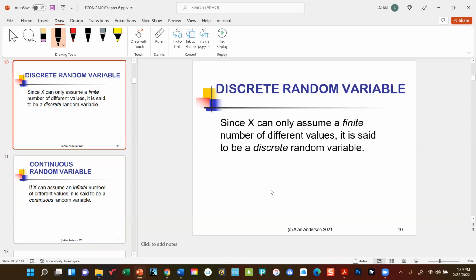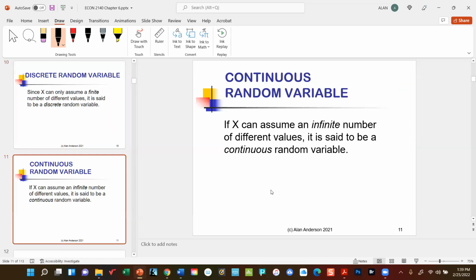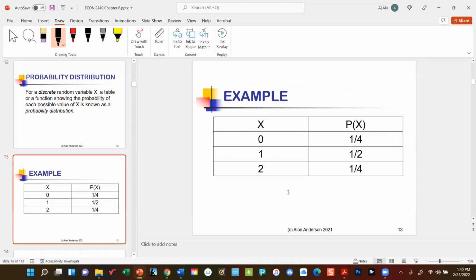So finite means discrete, continuous refers to an infinite number of possibilities. Okay, here it is. This is our probability distribution generated by that experiment we just carried out. The x's assign numbers to the actual outcomes, EE, EO, etc. And on the right-hand side, we have all the probabilities.